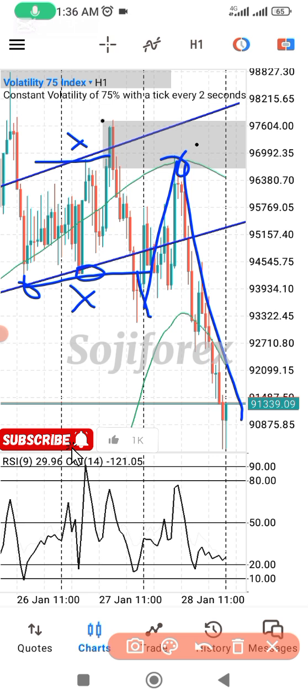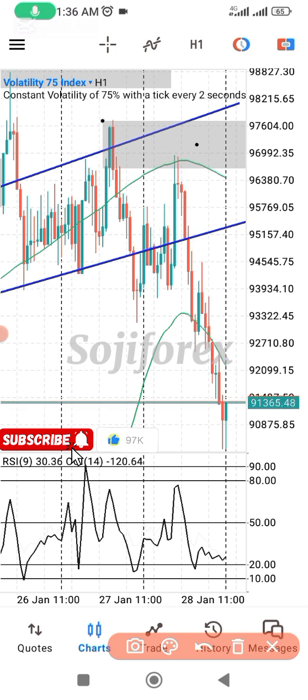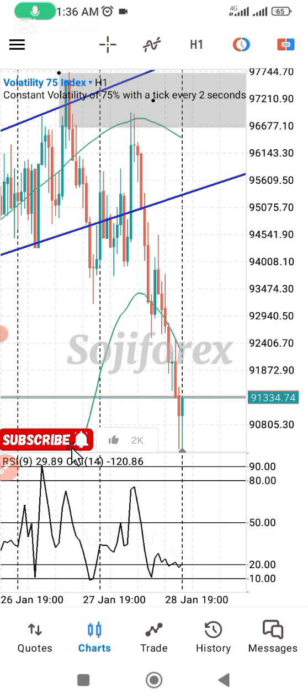So every valid order block, valid support, valid resistance, always watch out for the zone of liquidity sweep. Once you see that this particular order block has taken liquidity, it is a valid zone. 70 to 80% of price reactions in these zones are valid and they always play out.